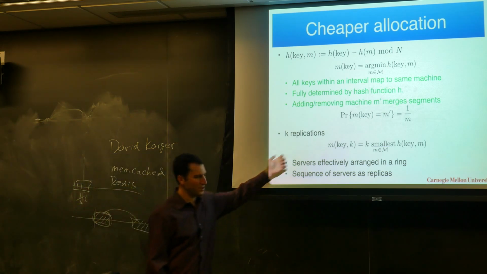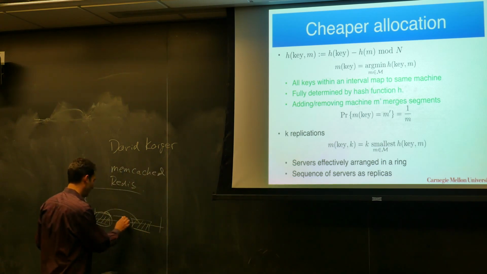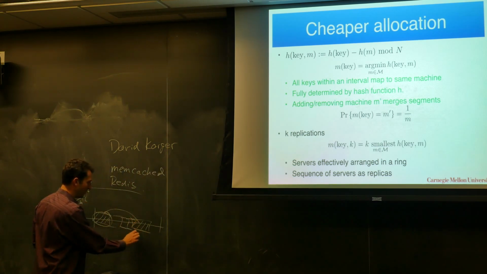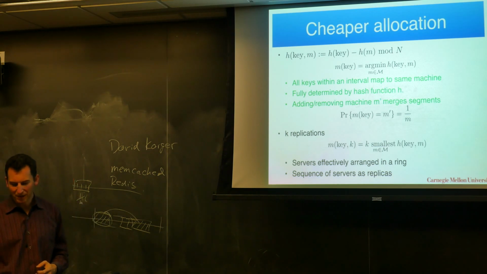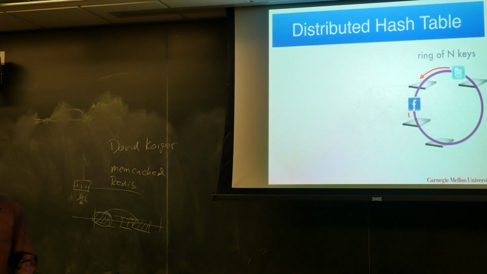Likewise for k replications, I just have subsequent machines. Now that sounds horribly complicated. Here's a much simpler way of thinking about it. This is called a distributed hash table. If you used Napster or anything like that, any peer-to-peer client, they will probably use some fancy version of this.